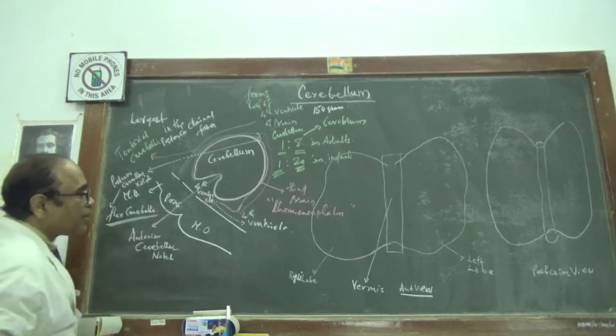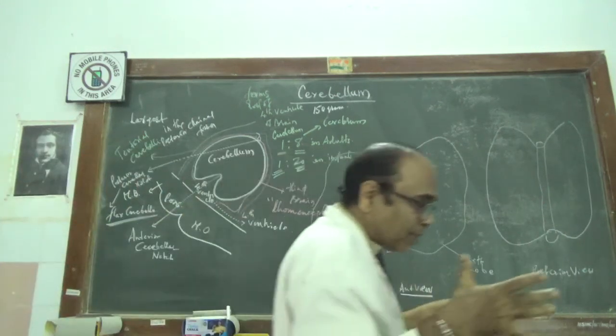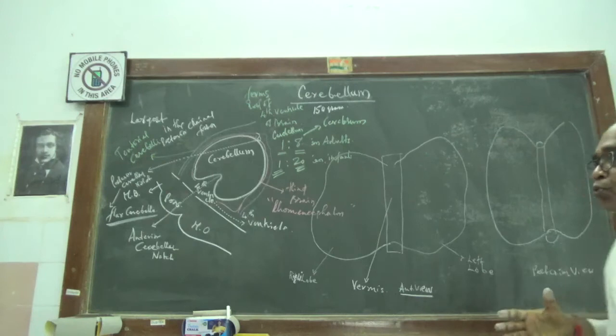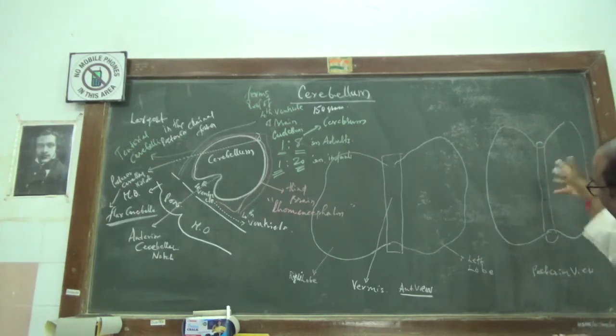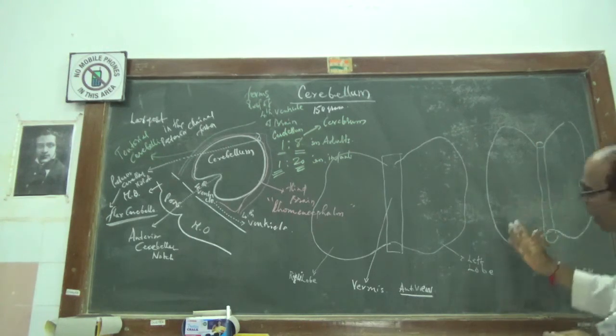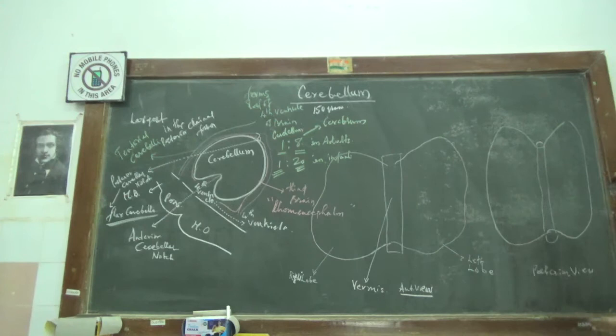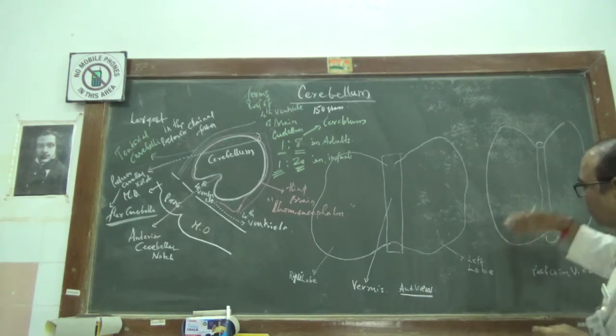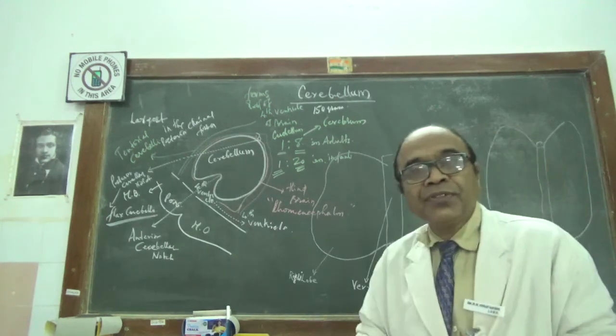This falx cerebelli is a part of the dura mater which comes and fits into this posterior cerebellar notch. Thereby you have these two divisions, that is, the right and the left lobe of the cerebellum.